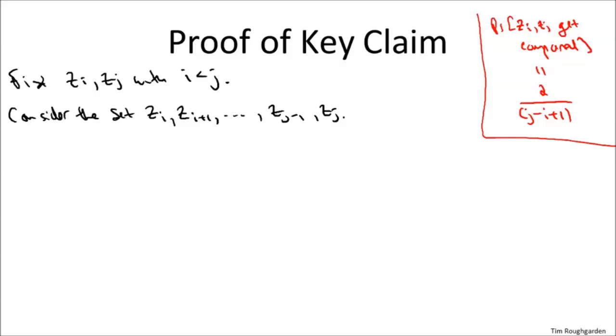So for example, the third, fourth, fifth, sixth, and seventh smallest elements in the input array, wherever they may be. Of course, the initial array is not sorted, so there's no reason to believe that these j minus i plus 1 elements are contiguous. They're scattered throughout the input array, but we're going to think about them: zi through zj inclusive.